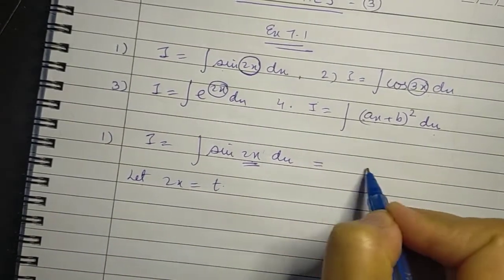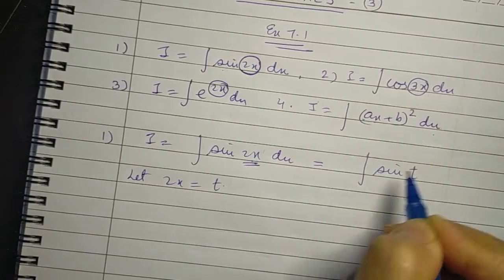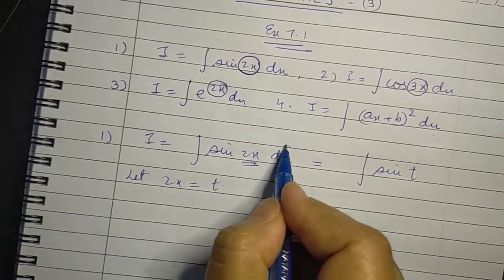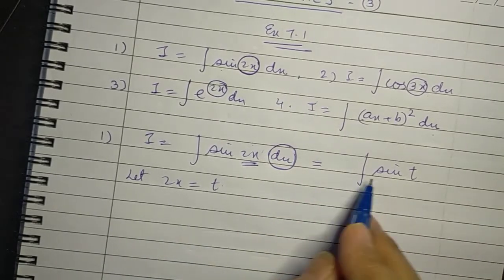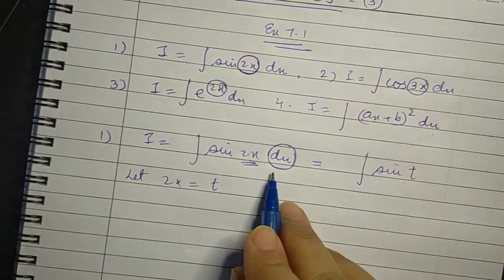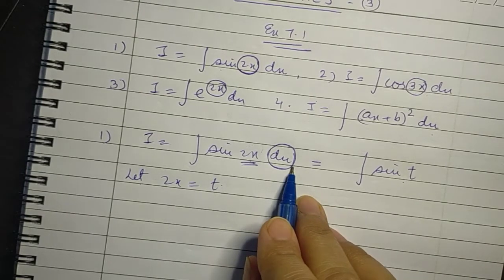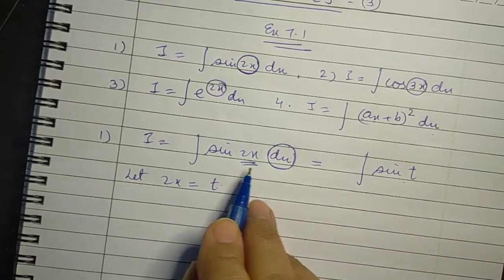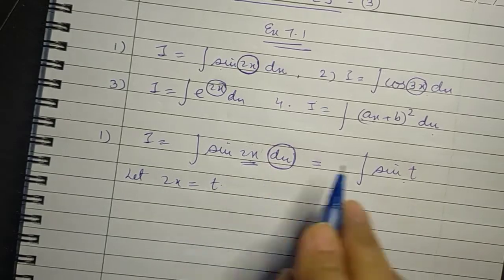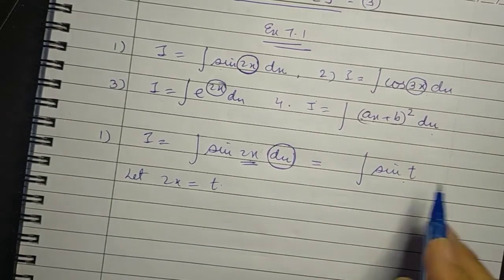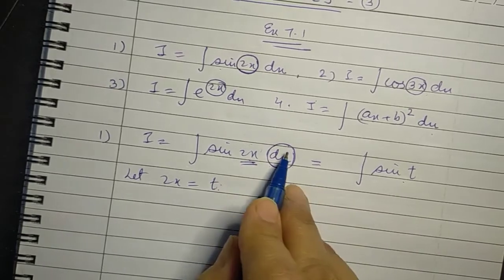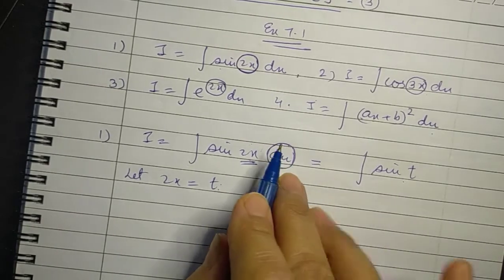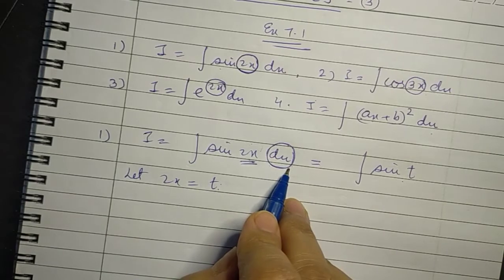Now this will become sine t. But this is still dx over here. You can't have the integral of sine t with respect to x. It should either be in x alone or in t alone. So if you are replacing 2x with t, you need to make corresponding changes to dx also.